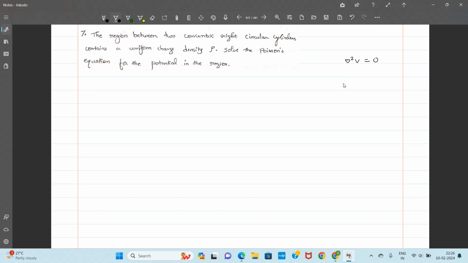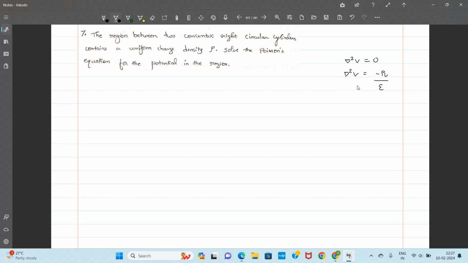Now the next type of problem that we're going to see is using the Laplace equation or Poisson's equation, that is del square V equals minus rho v by epsilon. Either by using these two, whichever is mentioned in the question, you are going to solve the problems based on that.